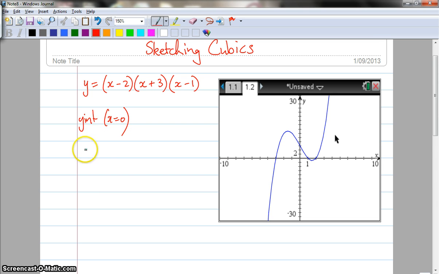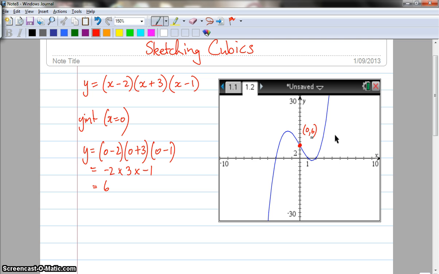So I'm going to put that into my equation, and I'm going to get (0 minus 2) multiplied by (0 plus 3) multiplied by (0 minus 1), which is simply negative 2 times 3 times negative 1. Two negatives make a positive, so I should get the answer of 6. So this point here on my graph should be (0, 6), and it's always as simple as that.